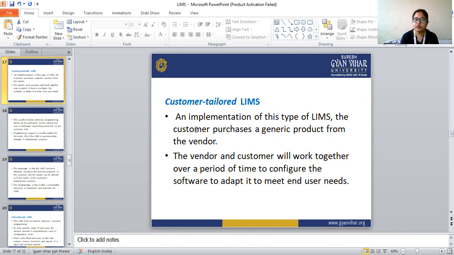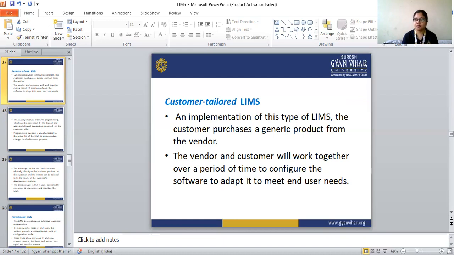In the implementation of this type of LIMS, the customer purchases only a generic product from the vendor.